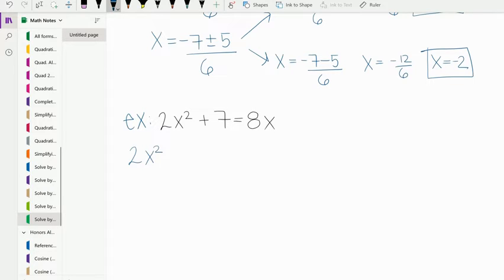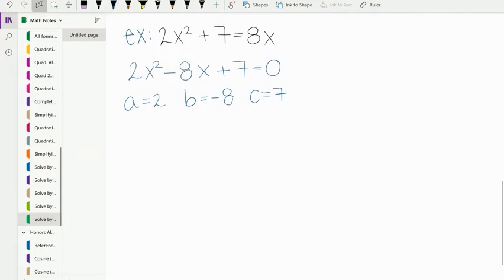When I do that, I subtract it and it needs to go in the middle because you always want to end with the constant. Okay, now it's equal to 0. And then identify my a equals 2, b equals negative 8, and c equals 7. So now I'm ready to begin.